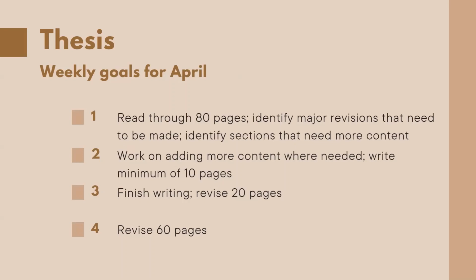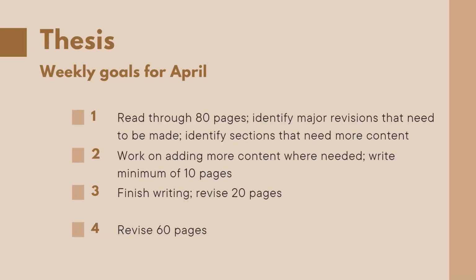So how I've approached this is week 1, we're going to start by reading through 80 pages across the week, identifying major revisions that need to be made, and also identifying sections that need more content.